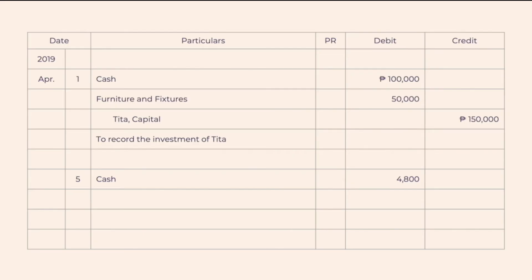So, dahil may debit tayo, of course, kailangan din natin ng credit, which is service revenue, with the amount of 4,800. Dahil 4,800 worth of service yung ginawa ng business for the customers. After recording this transaction, kailangan ulit ng brief explanation. So for this transaction, we can have to record service rendered in cash.